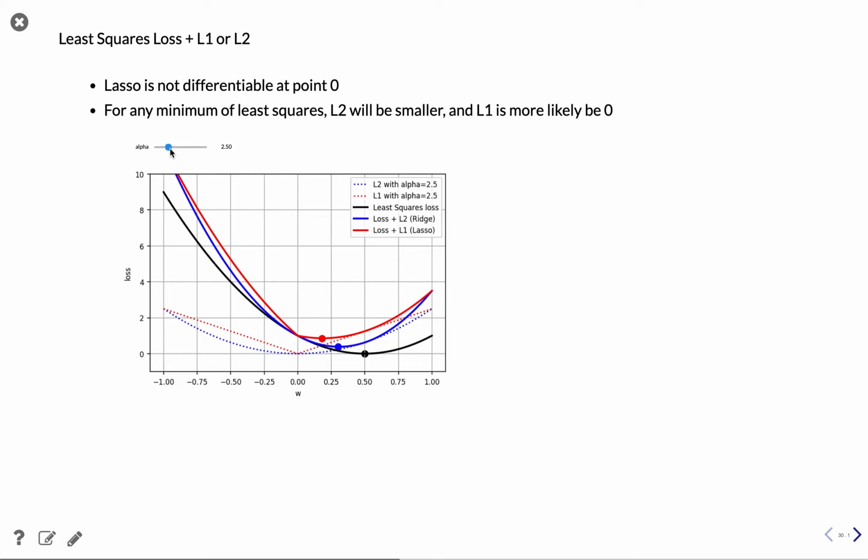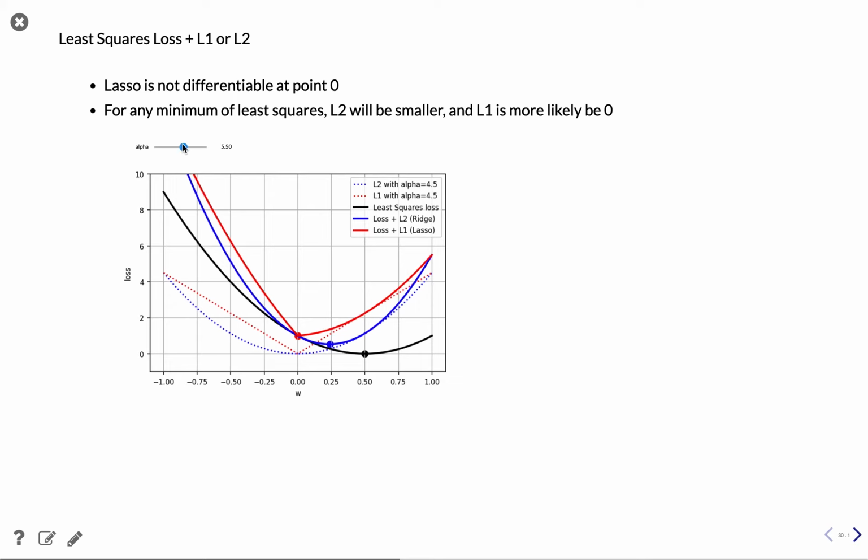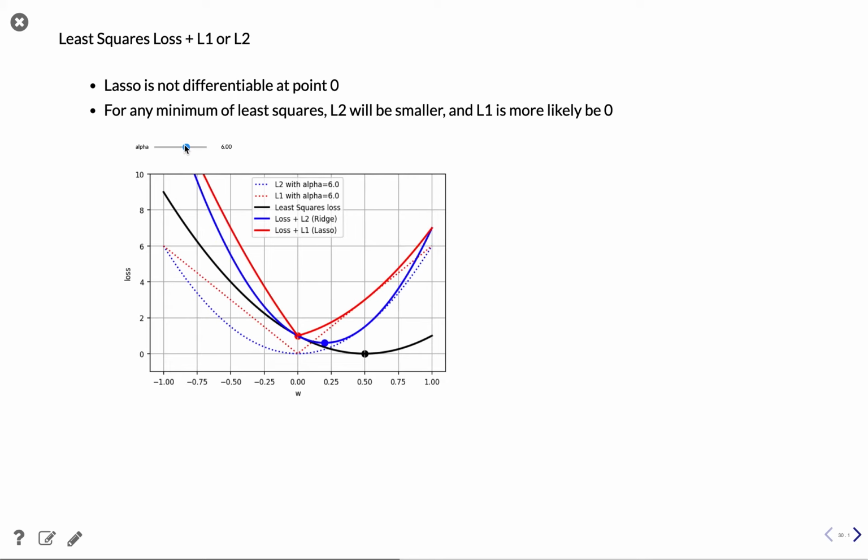So after some value of alpha, the optimal weight will be 0, and it will stay 0 from then on. Once it gets in this minimum, it will of course stay 0. Right? So if we plot the entire loss function, we can see that Ridge will also always get smaller weights, and Lasso will get even smaller weights, and they are likely to be 0.